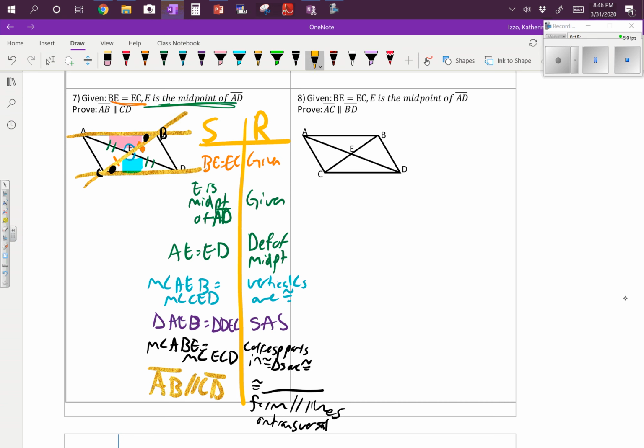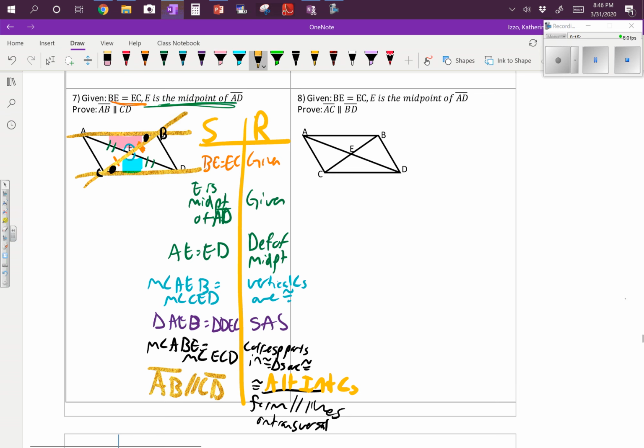And if you look, it's going to be both triangles are inside my parallel lines. So alternate interior angles. All right. And that is how we do number 7.